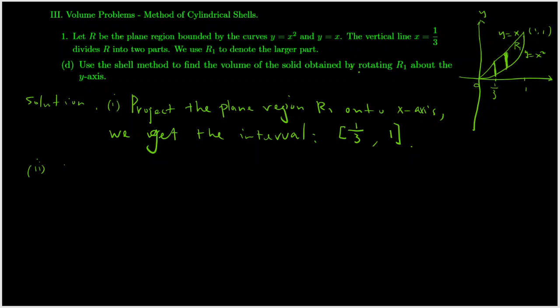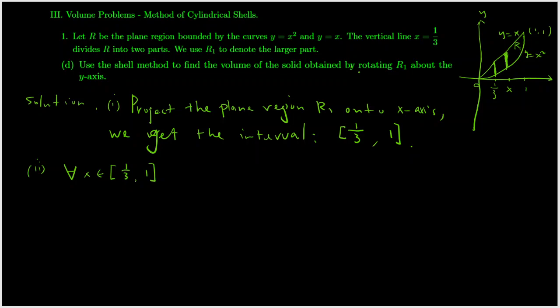The second thing you do, after getting the interval, is you choose an arbitrary value of x on the interval, the same as before, for every x on the interval from 1/3 to 1. So basically, the corresponding x is here. The following argument is going to be true for any x.